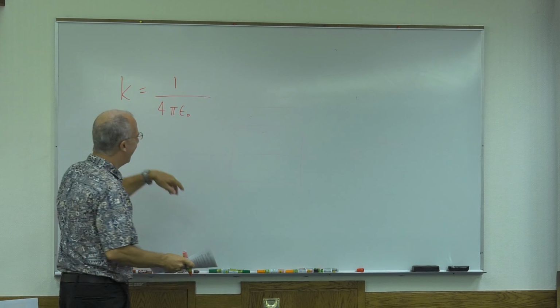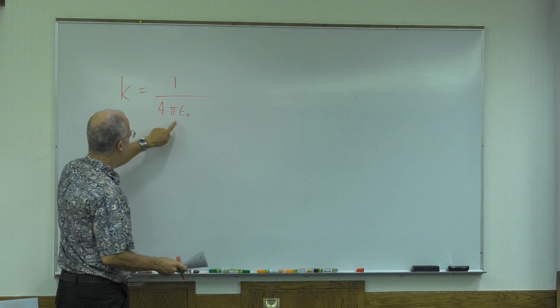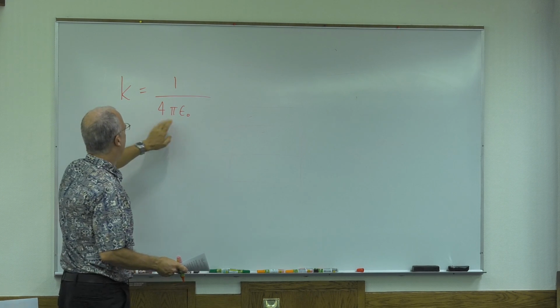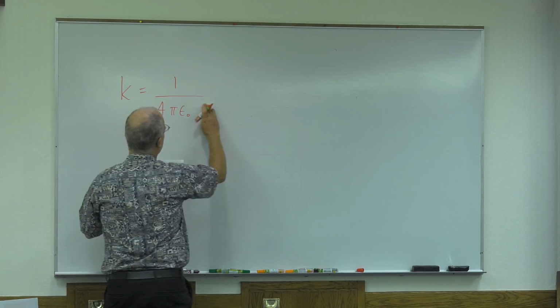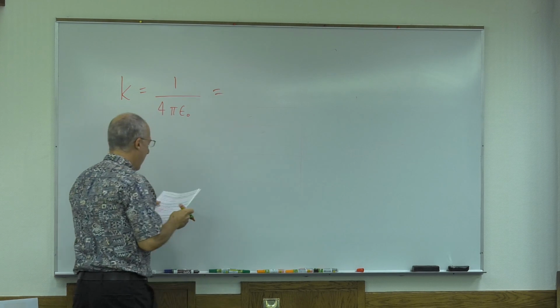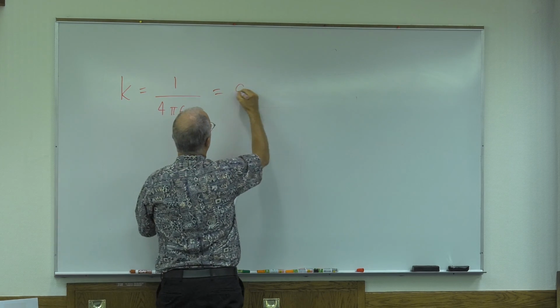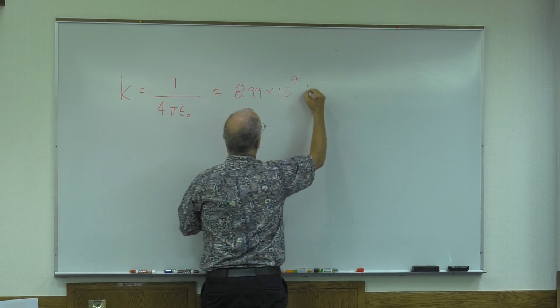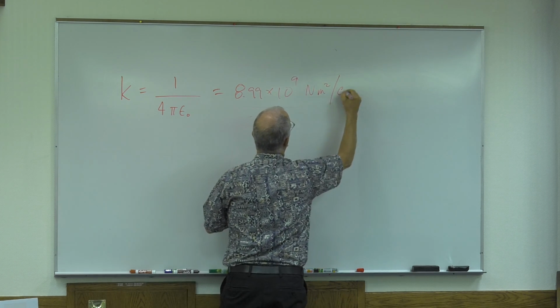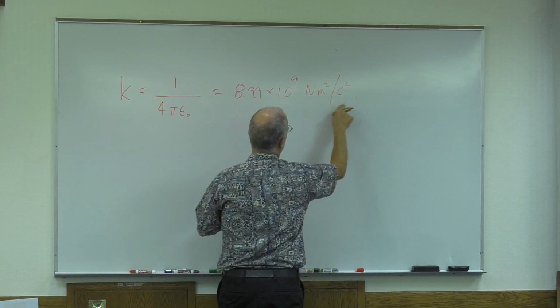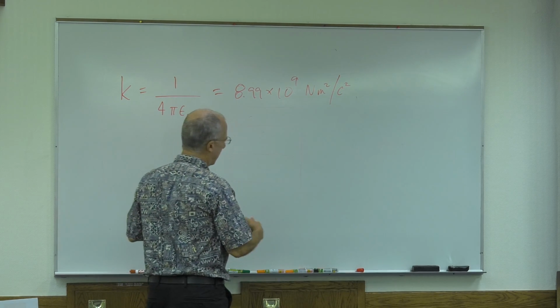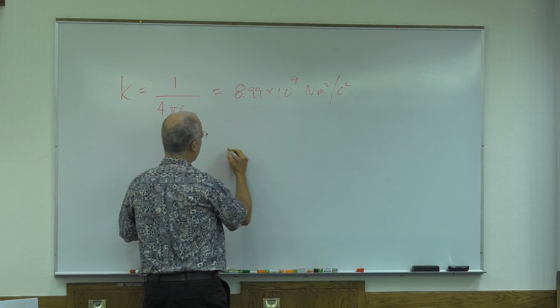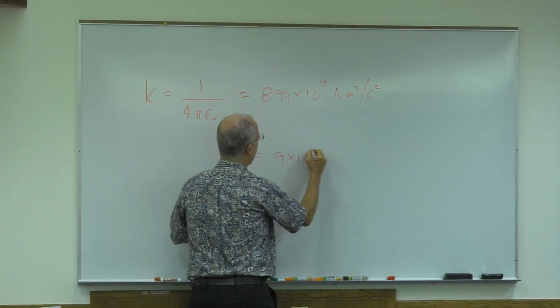You'll see later on. So K is a constant, epsilon 0 is a constant. So for now, we're just going to call it K. And K is actually 8.99 times 10 to the 9th Newton meter squared per Coulomb squared. That's the uppercase C. But as far as we're concerned, we're just going to call it 9 times 10 to the 9th.